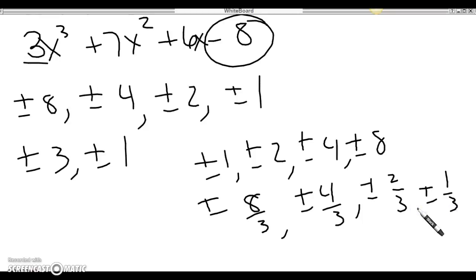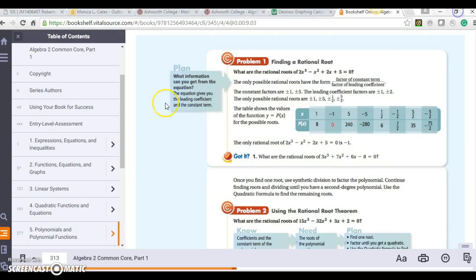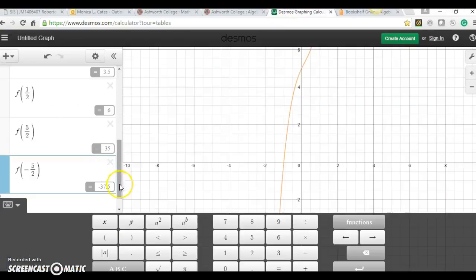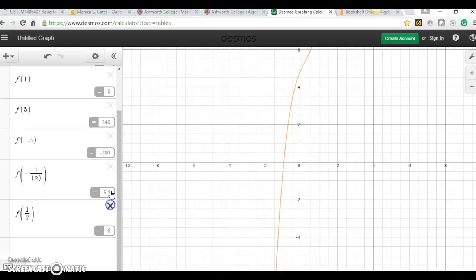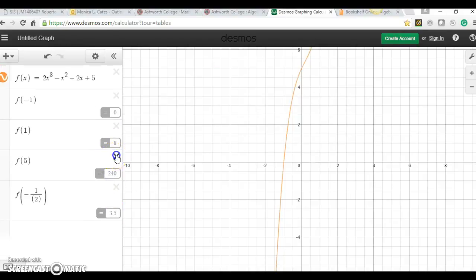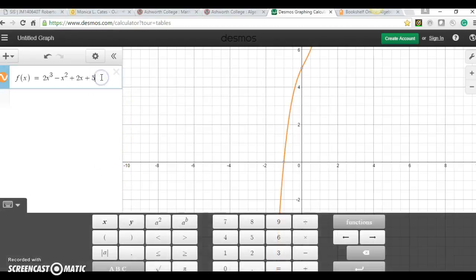It's a lot of them, a lot of calculation. I don't want to do it, so I'm just going to put it in my calculator again. I'm just going to delete this stuff that I've already done. Too much calculating for me, and I can just use technology.